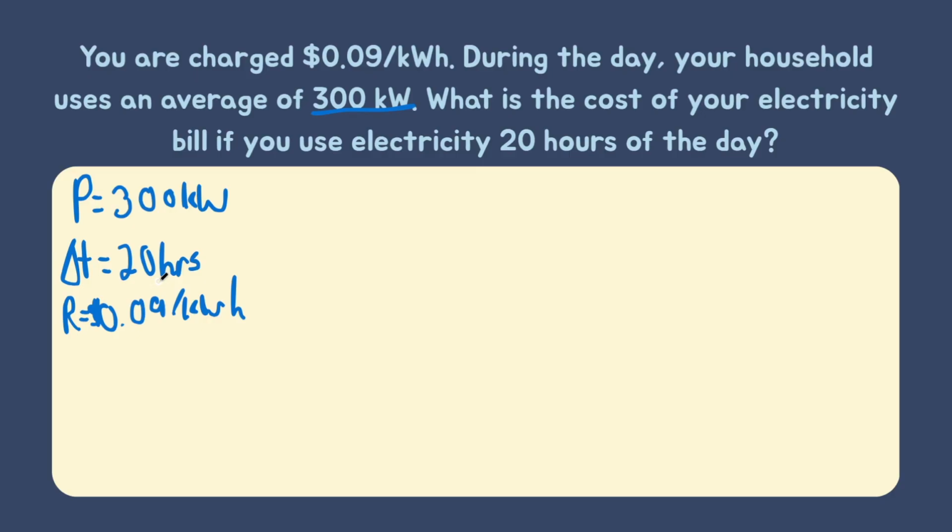Now, as you can see, the problem is cost equals rate times energy, but we don't have energy. If you remember from my previous video, you calculate energy using V, potential difference, times I, current, and change in time.